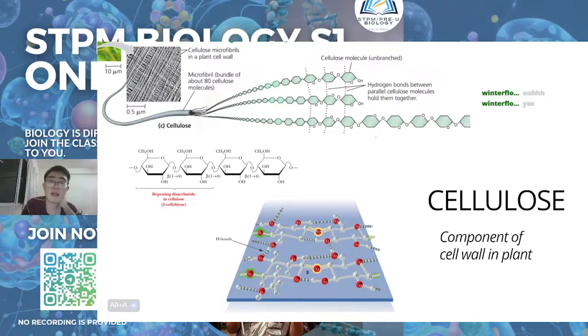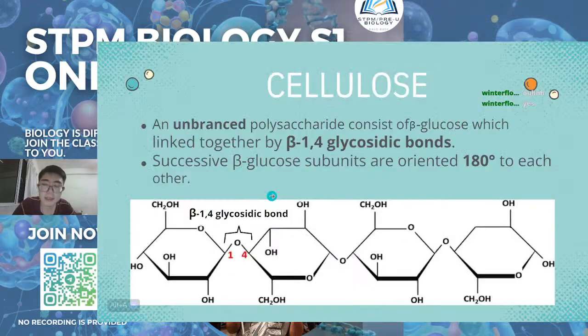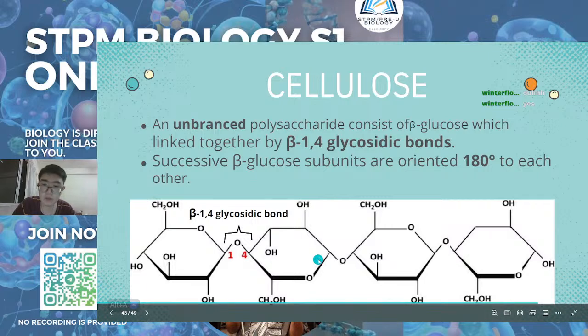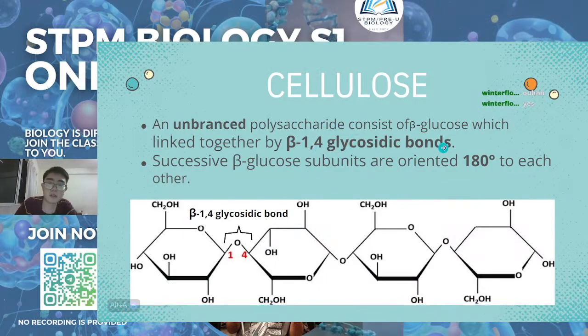Okay, another one is cellulose. Cellulose is totally different from starch and glycogen because it does not have the amylose and amylopectin structure, because cellulose is made from beta glucose. So if you see here, it also forms 1,4 glycosidic bonds.